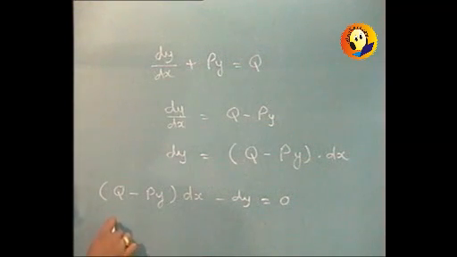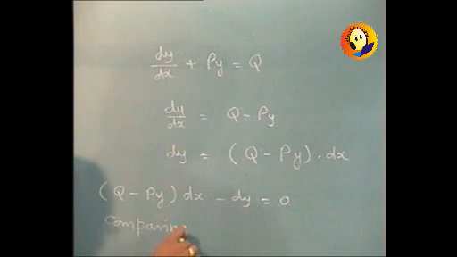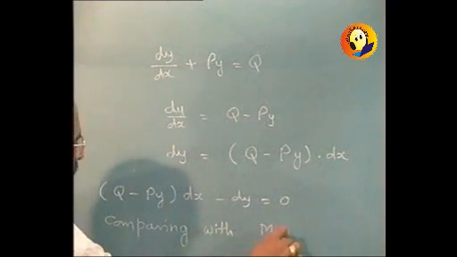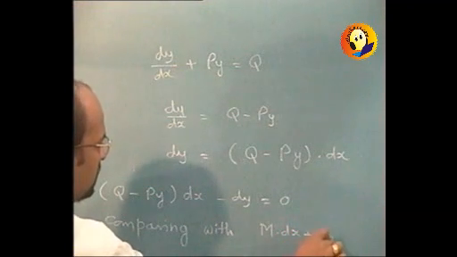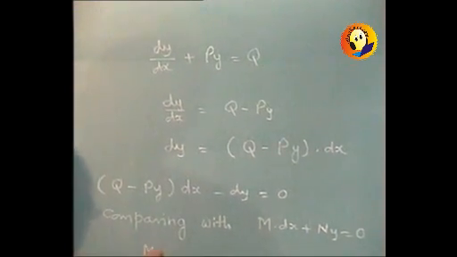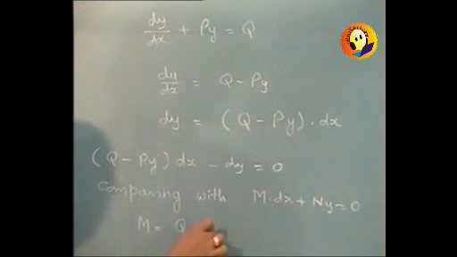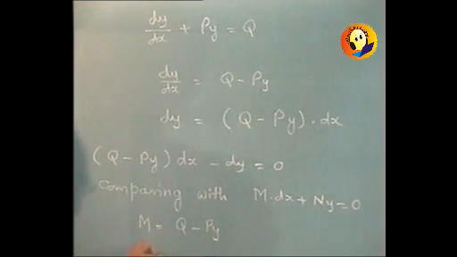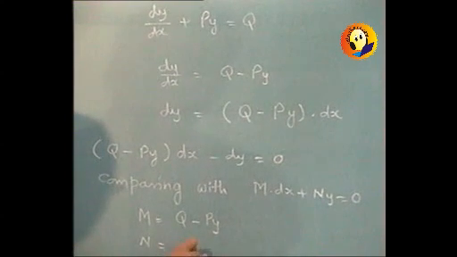Thus in this case, comparing this equation with our form for exact, that is m dx plus n dy equal to 0, we get m is equal to q minus py, whereas n comes out to be minus 1.